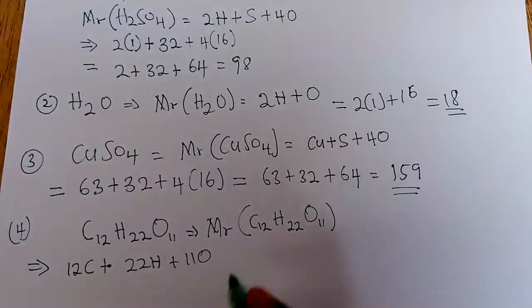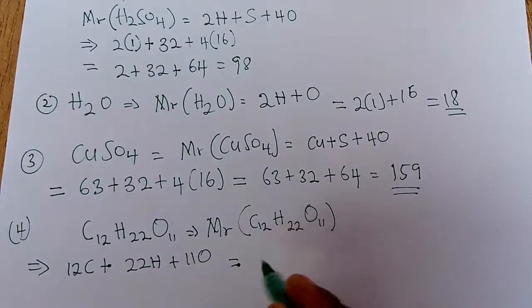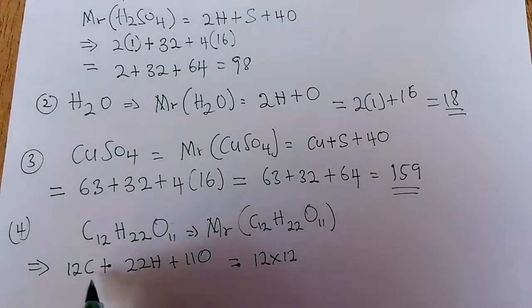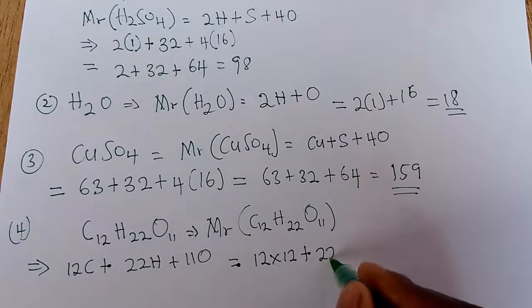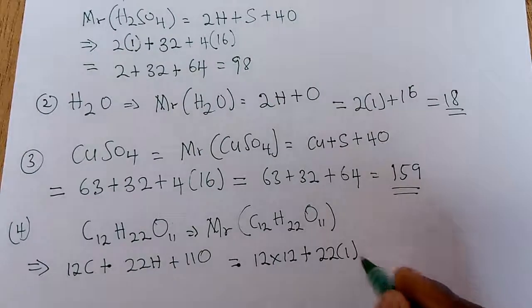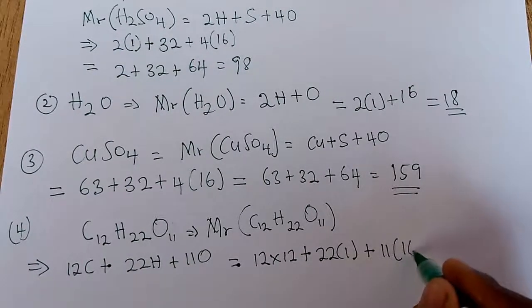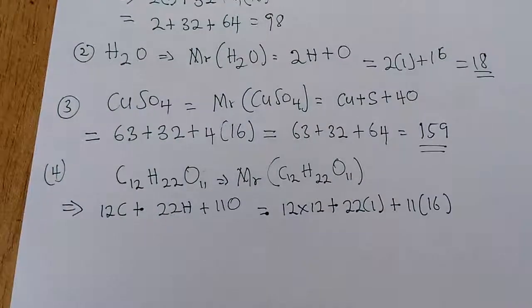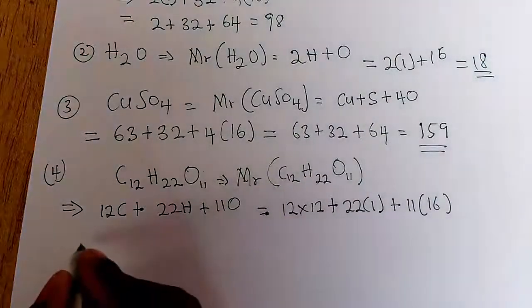Okay, so the relative atomic mass of carbon is 12, so I have 12 here multiplying 12 at this point, plus 22 multiplying 1, plus 11 multiplying 16, like this. Put them together like that. And what do we have to do here? 12 times 12 gives me 144.